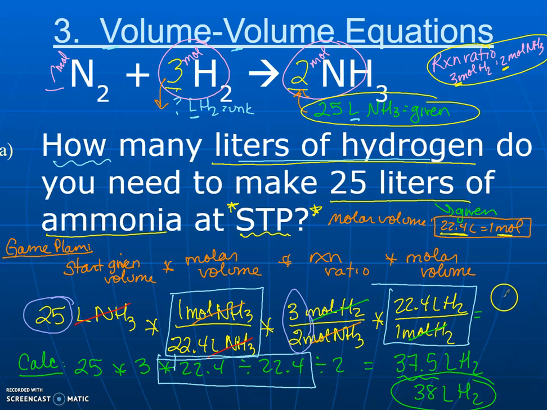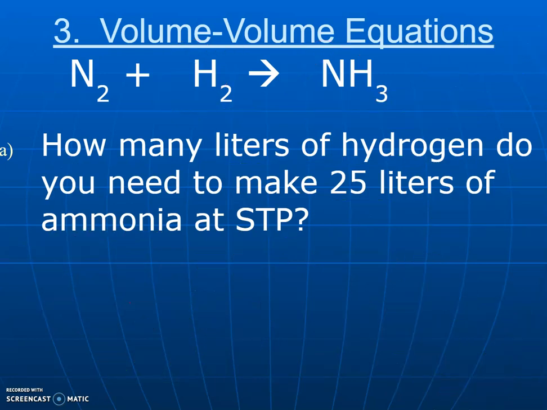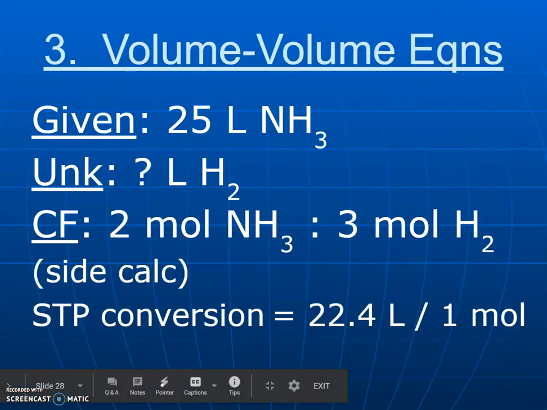So really, it's like a mole-mole problem. So what is 25 times 3? Well, that's 75. Divided by 2, that is 37.5, with sig figs, 38. Very interesting. So you can kind of save yourself some time when you are plugging everything into the equation.